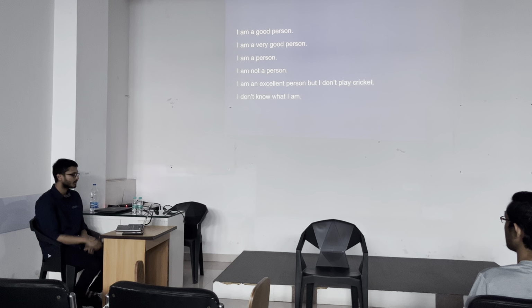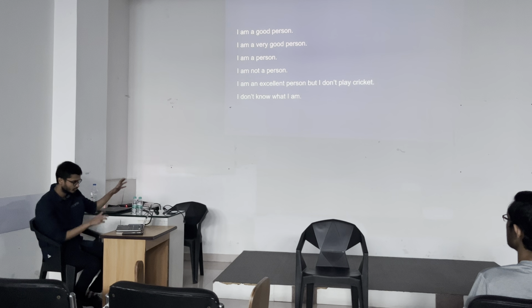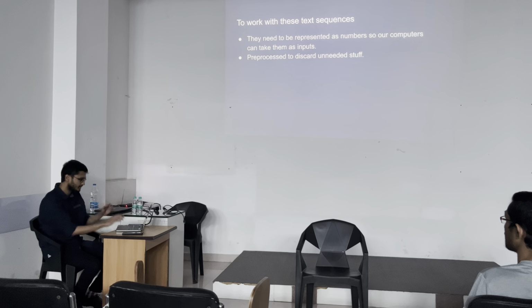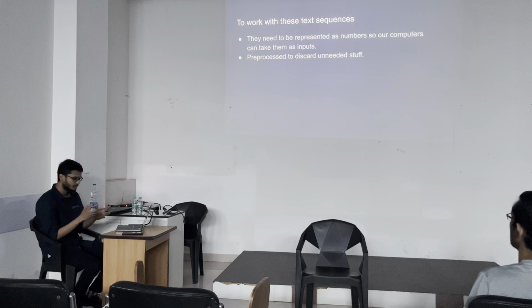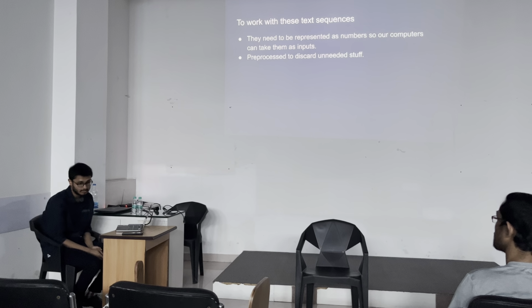Of course, these are variable-length sequences, and now to work with these text sequences, they need to be represented as numbers. Computers do not understand natural language words. They need to be represented as numbers, so our computers can take them as inputs. And they also need to be pre-processed to some extent to discard some unnecessary stuff.